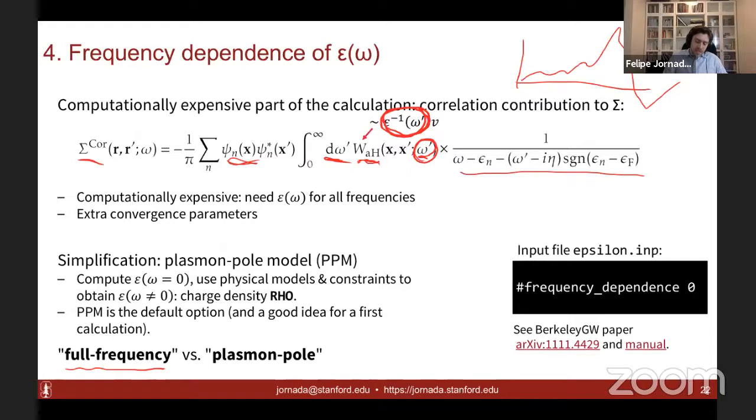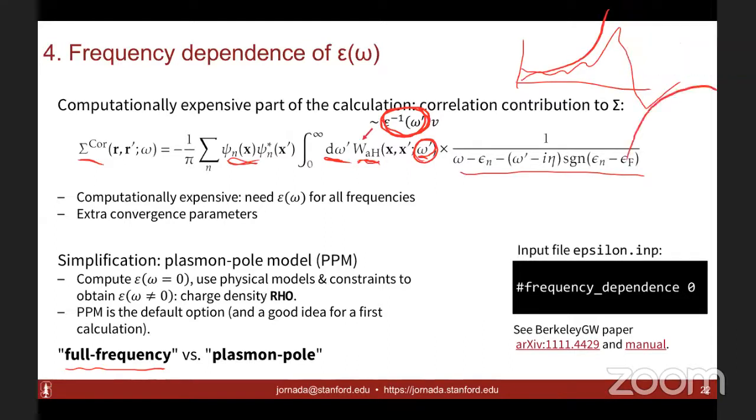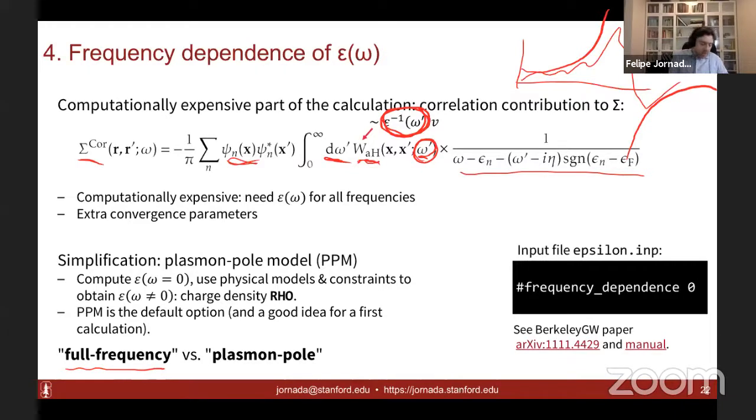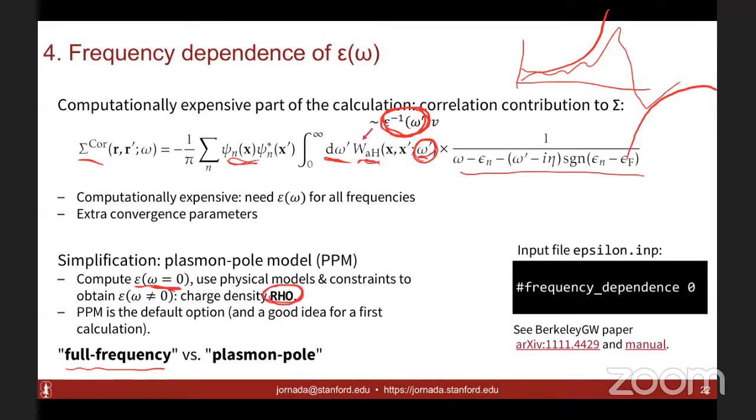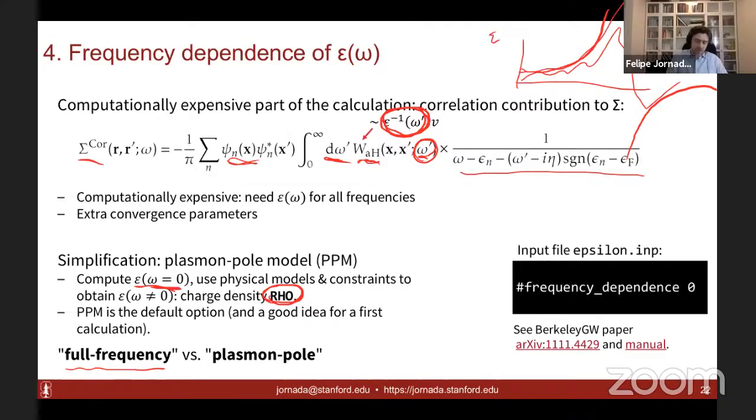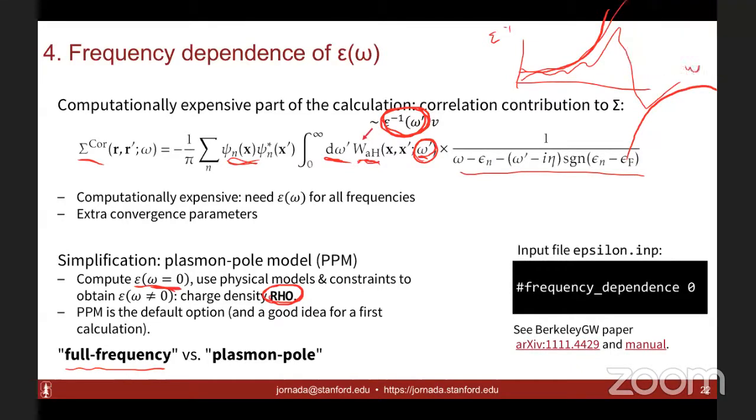And this model basically says that it has, for instance, a single pole. And hence, you only need to do one calculation. You only need to do a calculation of the static polarizability at epsilon equals 0, and provide the code with the charge density to basically fit this model for the dielectric function epsilon inverse as a function of omega.